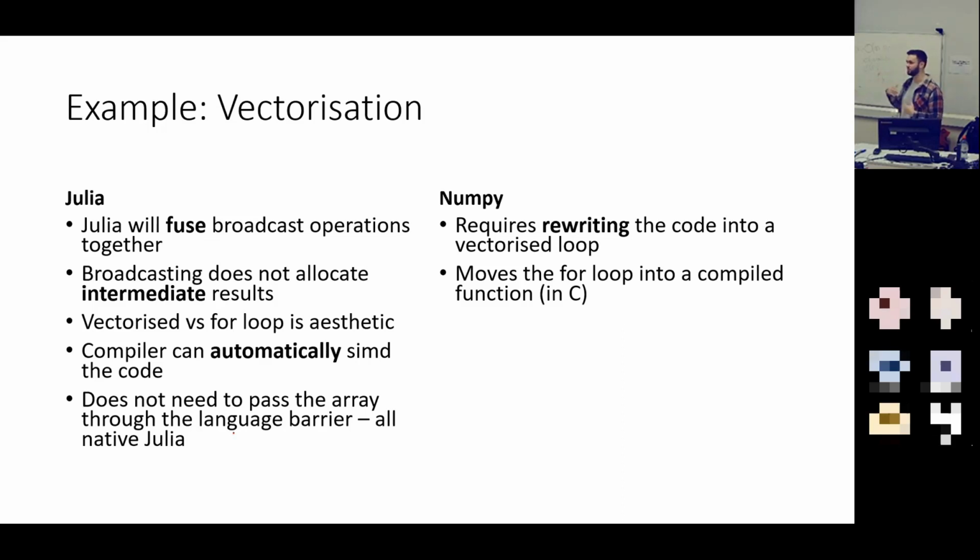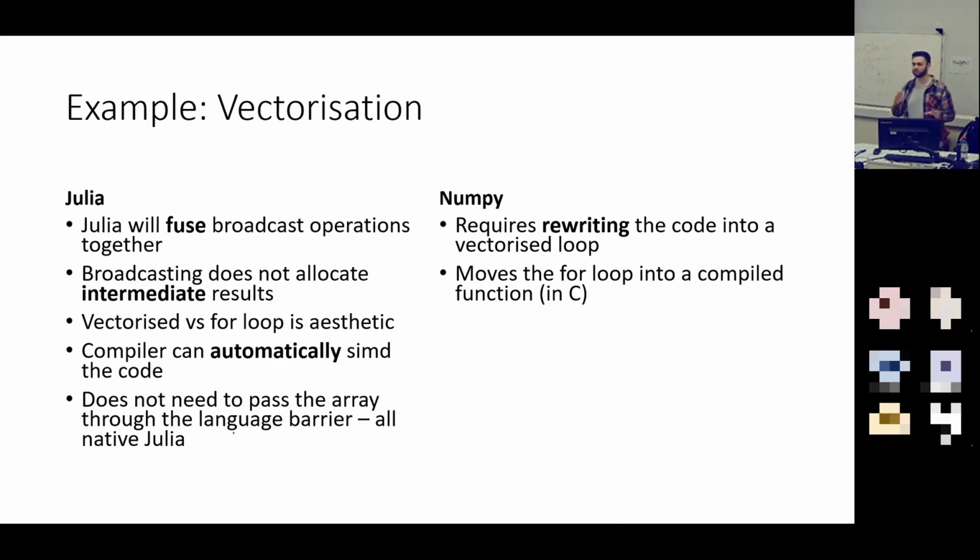That's one reason why Numba can be so much faster than normal Python. But the main difference here is whether you write your code in a vectorized format or as a for loop. It's pretty much just an aesthetic difference between them. If you're doing it in NumPy, the for loop is just in C. It's just moved to a different place, but you're still doing your for loop.